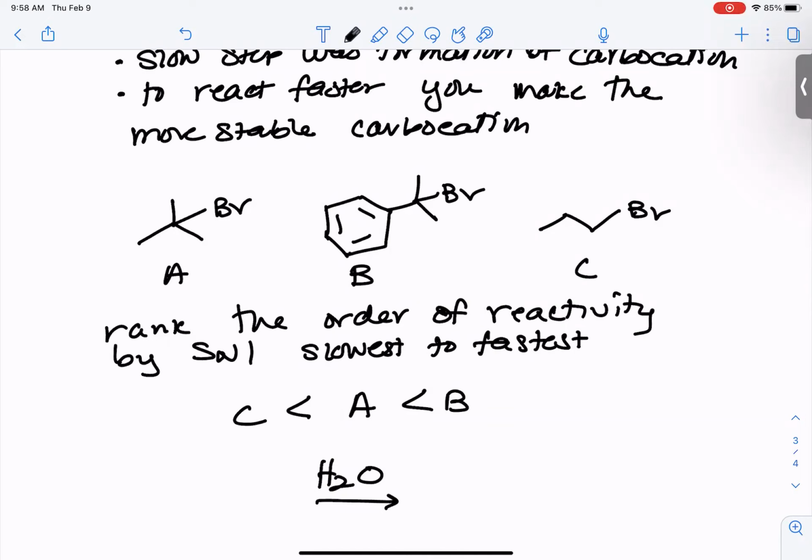If I give you nitric acid and sulfuric acid, you need to know that that reacts by EAS. So if it activates it, it's going to go through EAS, and if it deactivates it, it will still do it, but at a slower rate.